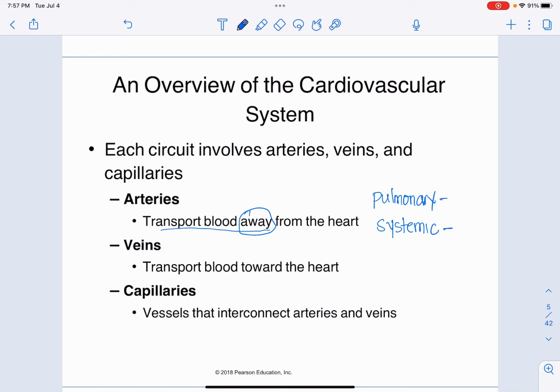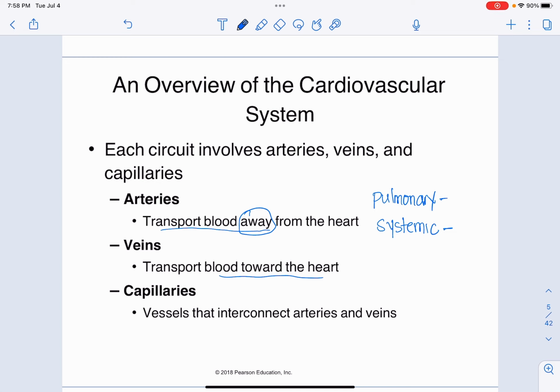So on the other hand, veins are defined by the fact that they are transporting blood toward the heart, okay? And then capillaries, these are the smallest of the vessels. These are what are going to interconnect arteries and veins. And we're going to talk a lot about this in the next lecture.